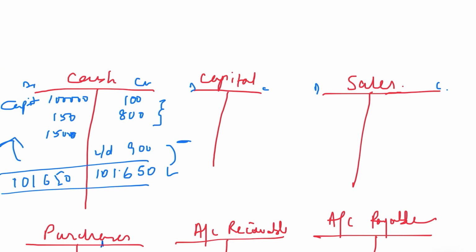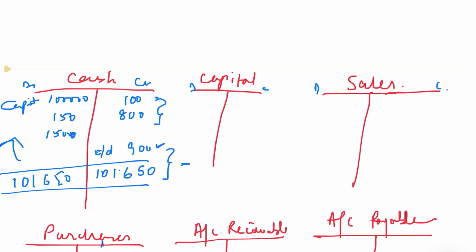Wait, I'll just remove this. Yeah, now what is the closing balance? The closing balance is the side which has lesser amount. So the credit side is the lesser amount, 900, right? So what is the difference of both of them?